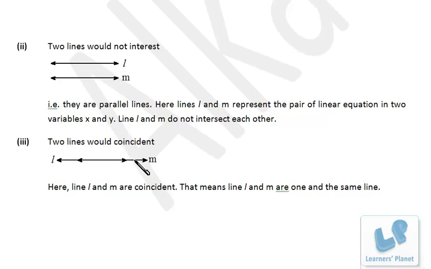So these are the three situations for two lines: whether they will meet at one single point, or they will be parallel, which means they are not going to meet at all, or the third situation is the lines will coincide. Okay, so I can take one example over here for each one of them.